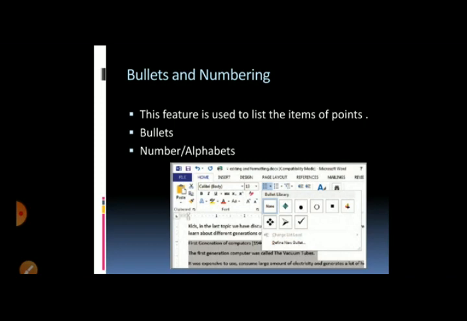These are used to show a sequence of the items to be followed. To insert the bullets or numbers or alphabet, you need to select the desired text, go to the Home tab, then Paragraph group, then the Bullets or Numbering button, then select the required bullet or numbering feature.